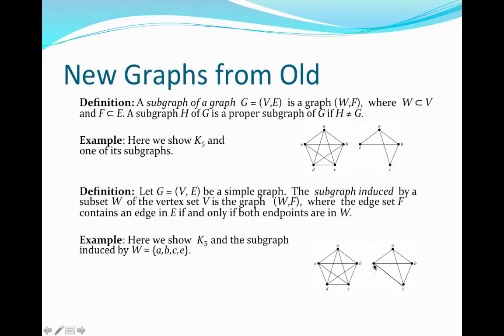We, however, cannot add the edge joining E to D, for example, because D is not a member of this set of vertices.